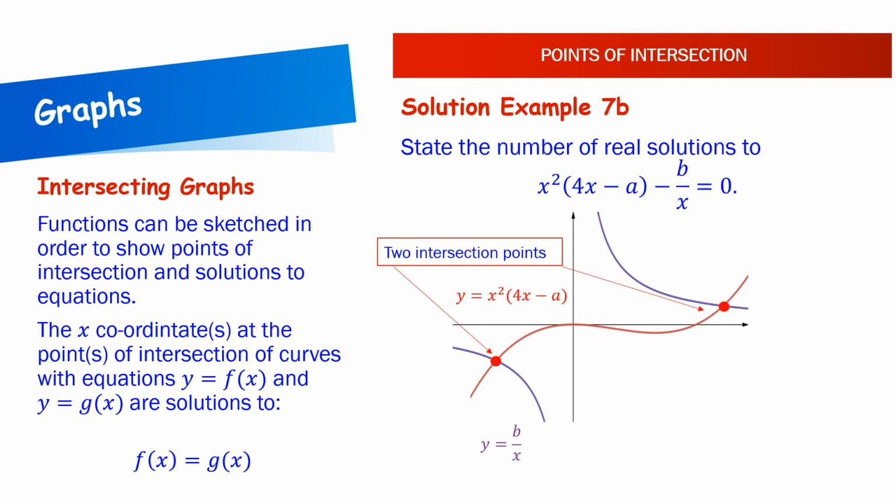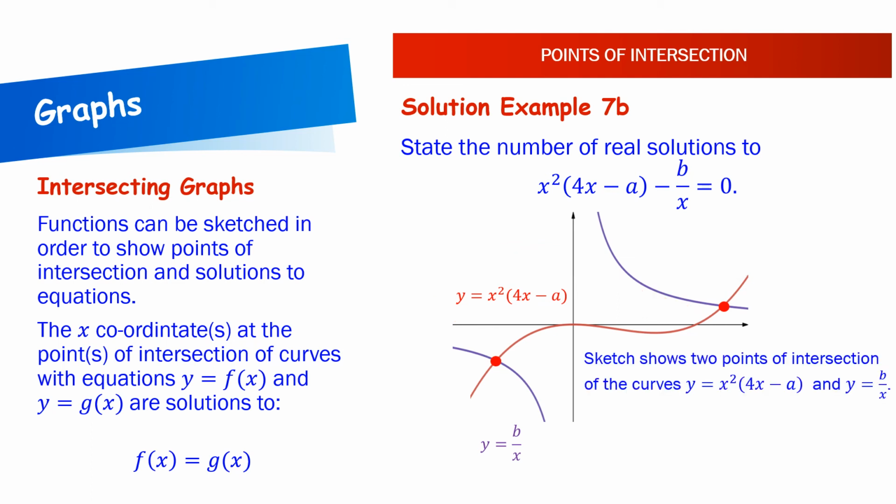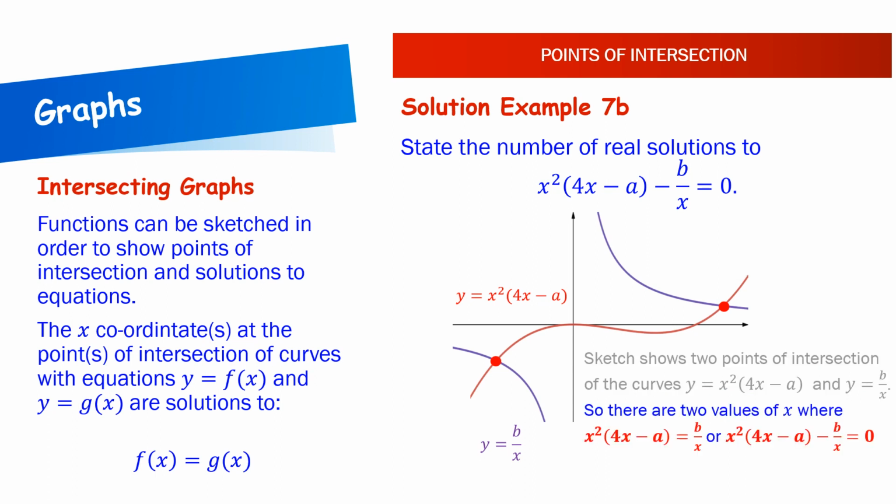Notice there are two intersection points here. So the sketch shows 2 points of intersection of these two curves, and therefore there are 2 real roots.